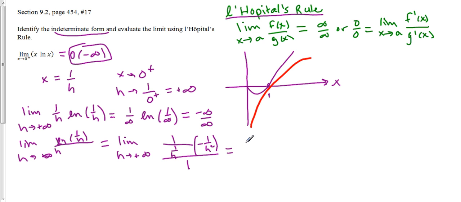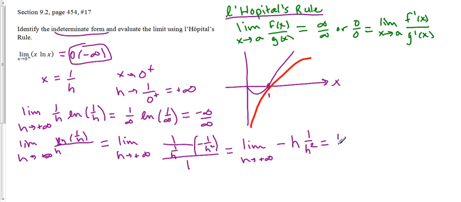So there's going to be some algebra going on here. We've got the limit as h goes to positive infinity, and I've got a negative sign hanging out front. And this 1 over h is really an h, and then I have that times 1 over h squared.